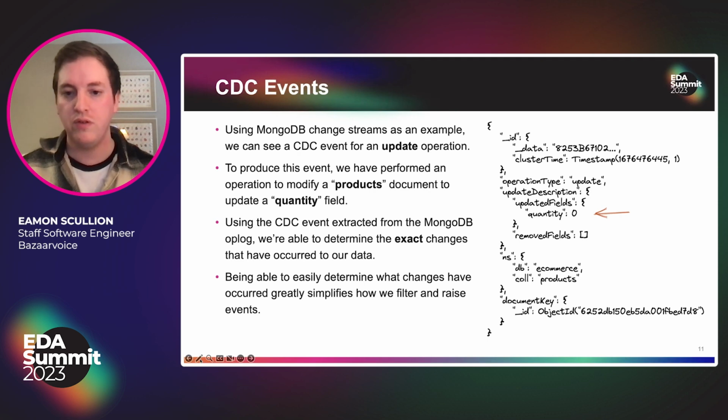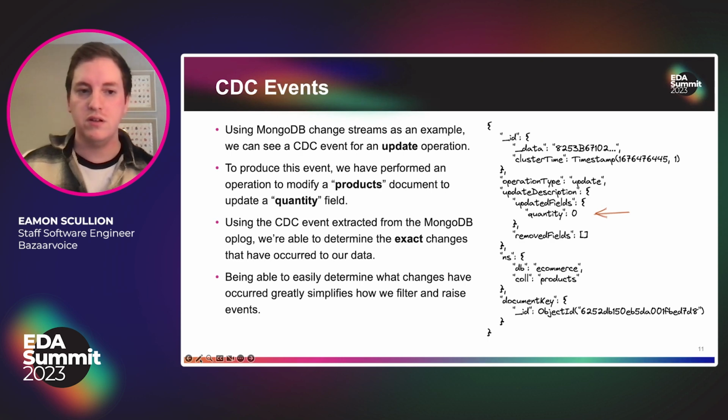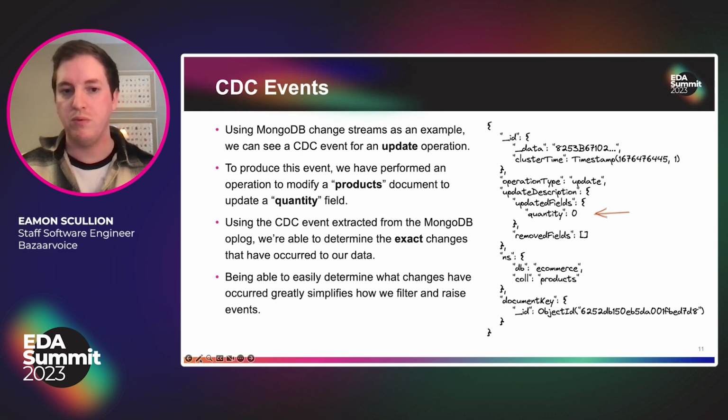We can see any removed fields, and we get a lot of metadata that's quite internal to this application. To produce this event, we have performed an operation to modify a products document to update a quantity field. So you can see that set in the updated fields section.